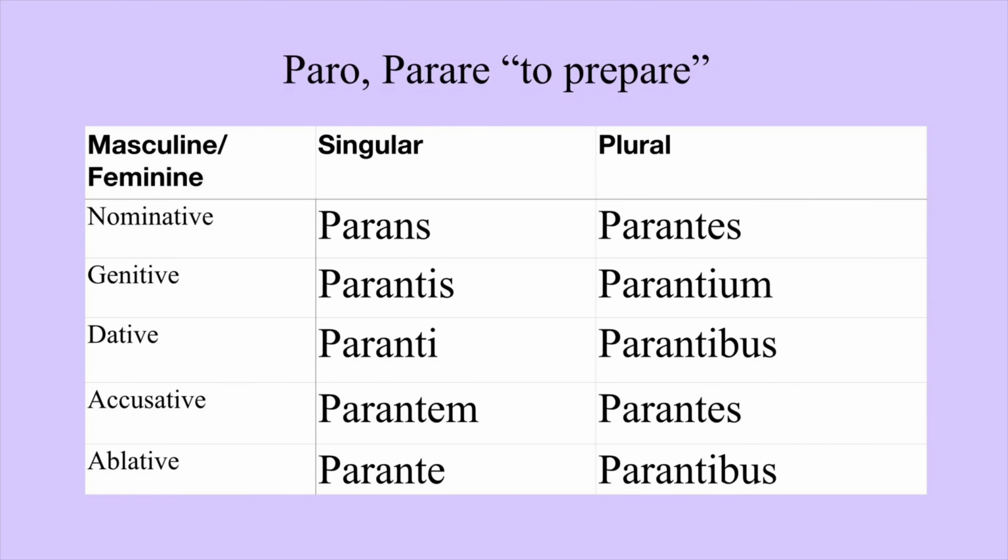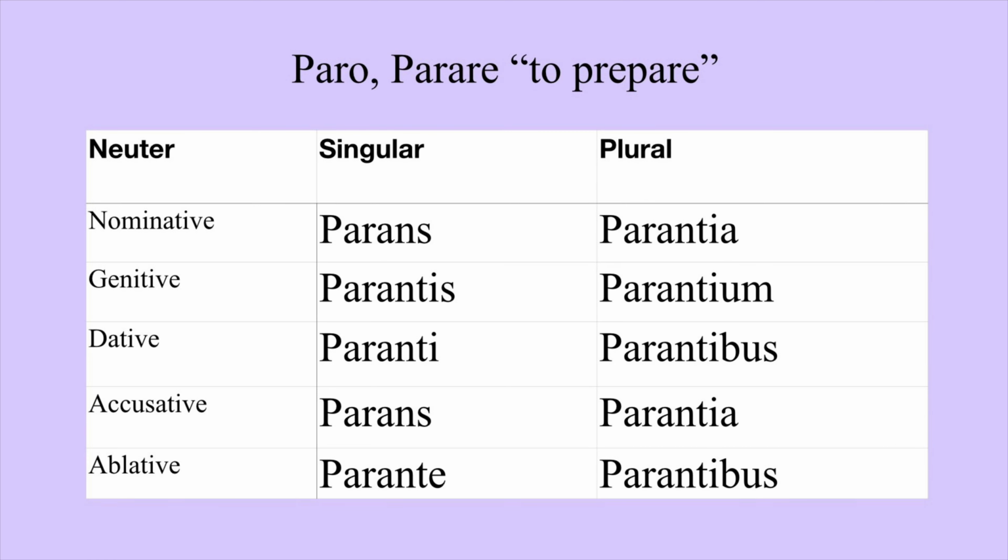We can look at paro, parare, to prepare. Here we see the nominative singular for masculine and feminine is parans. And then for the genitive, we go to parantis, participle forms parenti, parantem, parante, parantes, parantium, parantibus, parantes, parantibus. If we want to be real thorough and have a look at the neuter, it's pretty similar, right?